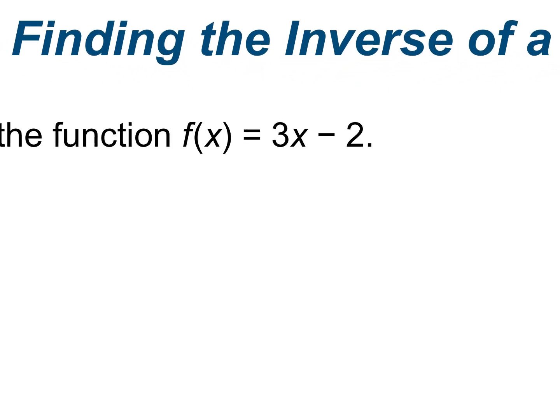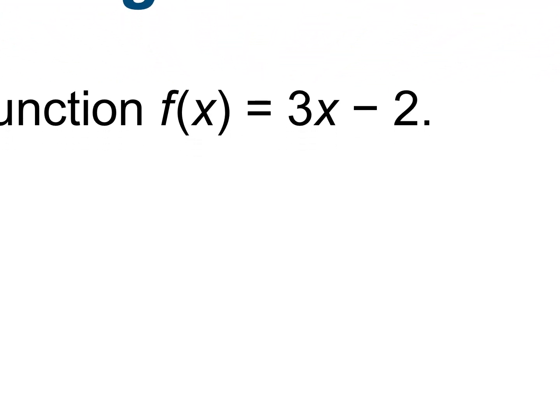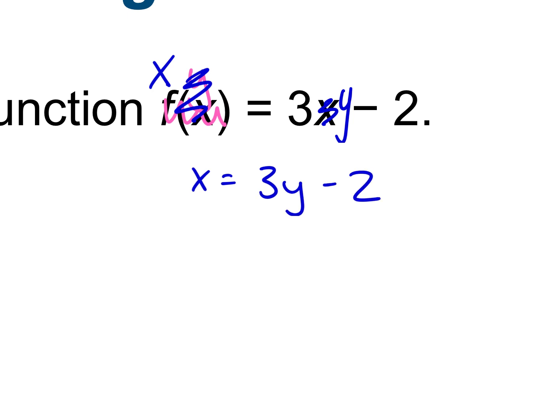So in example 7, to find the inverse, we're going to switch the x and y and then solve for y. Now f of x is just a fancy way of saying y. So this is actually our y. But when we switch the x and y, the y is going to become x and the x is going to become y. So we have x equals 3y minus 2. Now we want to solve for y.